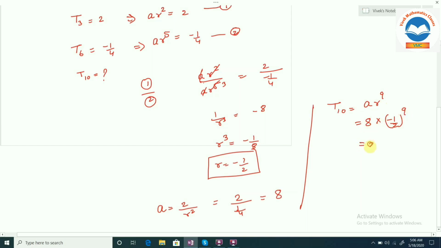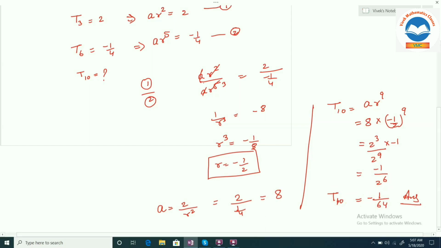This 8 we can write as 2 cube into minus 1 divided by 2 to the power 9. Okay. So if you cancel out, you will get minus 1 by 2 to the power 6. Now 2 to the power 6 we know as 64. So this T10 will be equal to minus 1 by 64. This will be our answer.